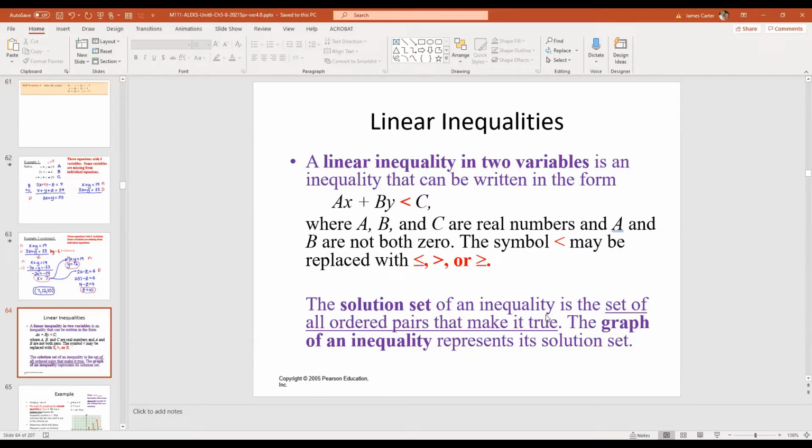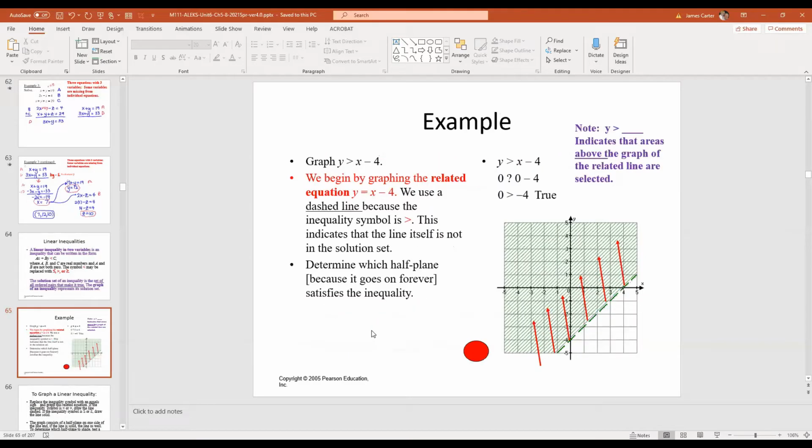Now, anytime you have an inequality, instead of having an answer, you have a solution set. Hopefully you remember that from before. So in this case, the solution set is the set of all ordered pairs that will make it true. Well, duh. And then the graph represents the inequality. Here's our first example.